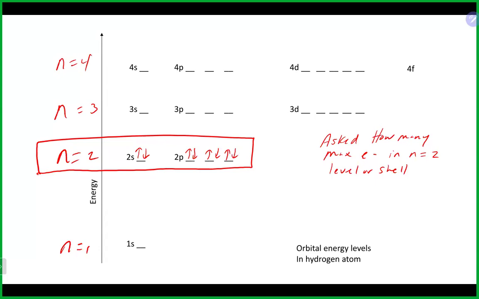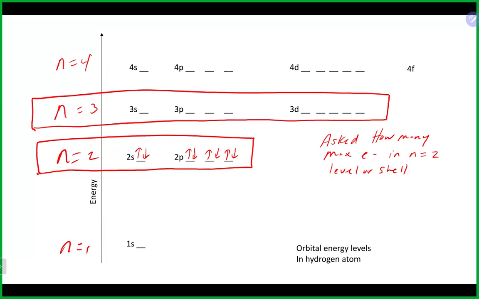And if you went to the third energy level and you want to know how many were in that level or shell, you would be taking all of these, right? At this point, we're going to be able to put 2 into the s orbital and another 6 into the p subshell. But because we're on the third energy level, we now have d orbitals available to us, right?